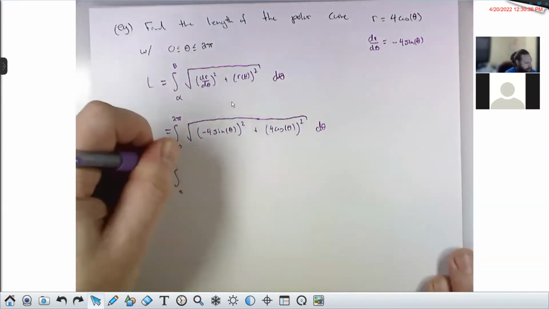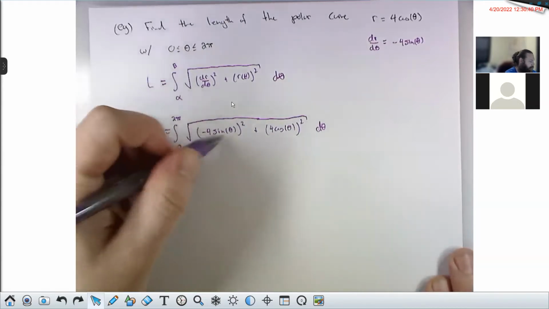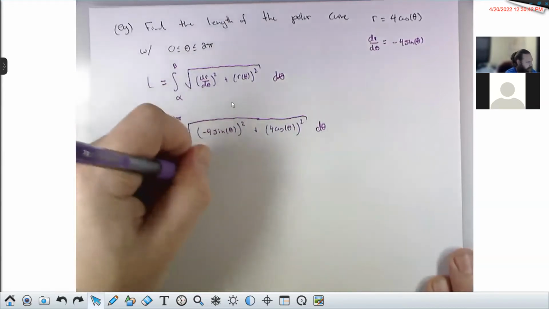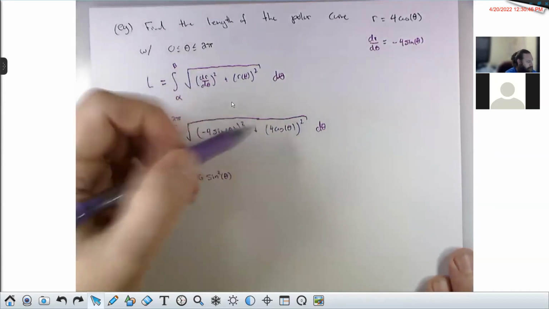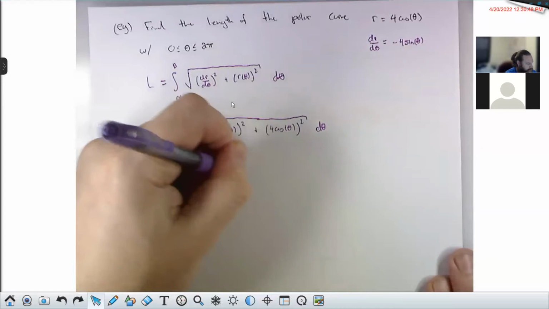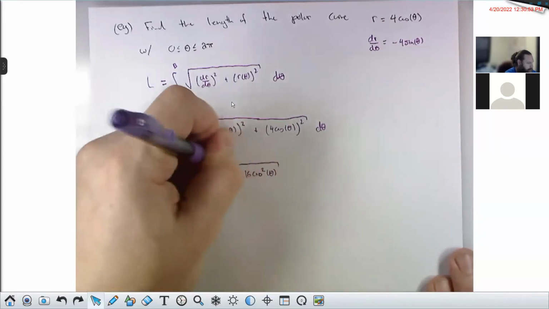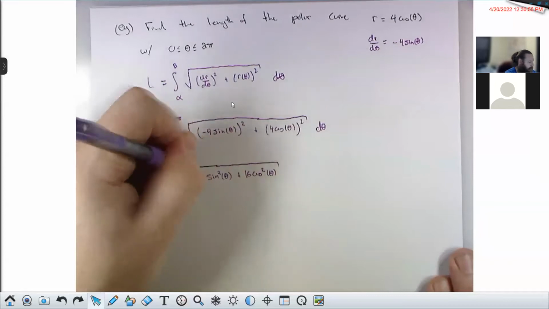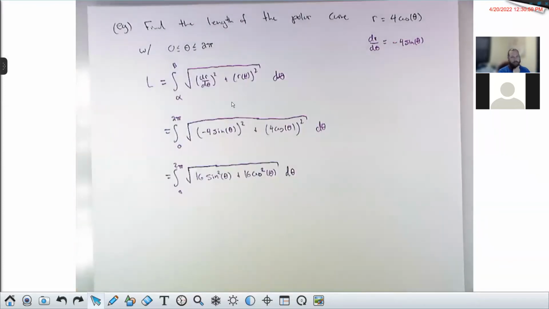And that's the integral from 0 to 2 pi of negative 4 sine theta all squared, which is 16 sine squared theta, plus 4 cos theta all squared, which is 16 cos squared theta, d theta. And now something nice happens.